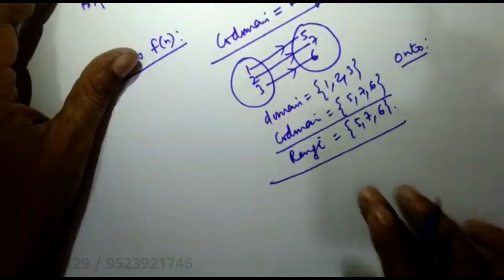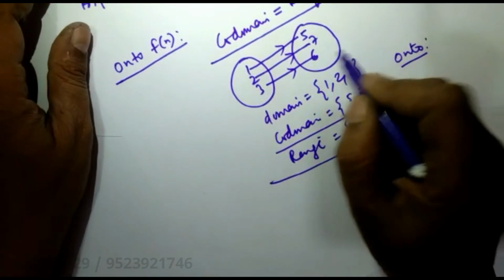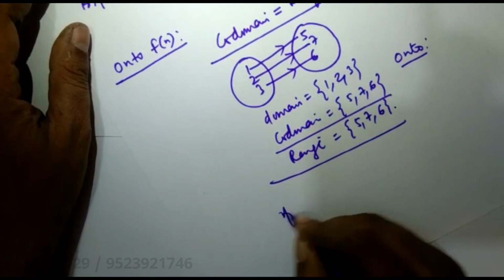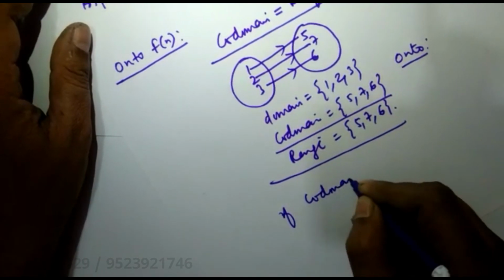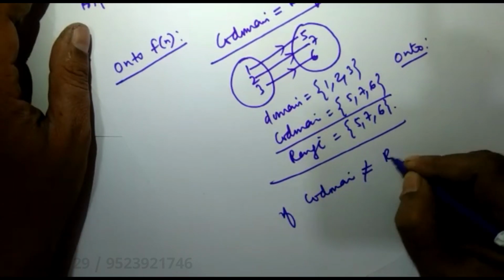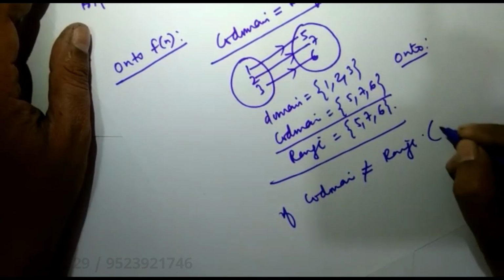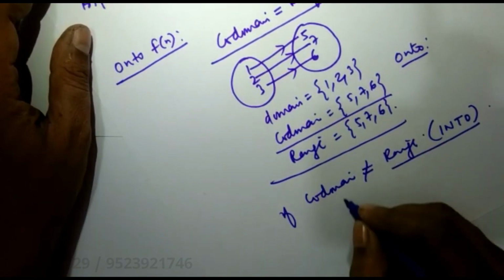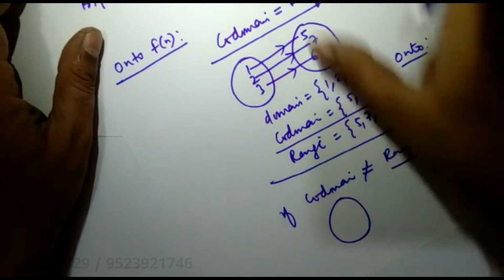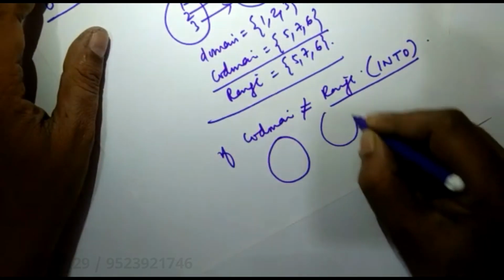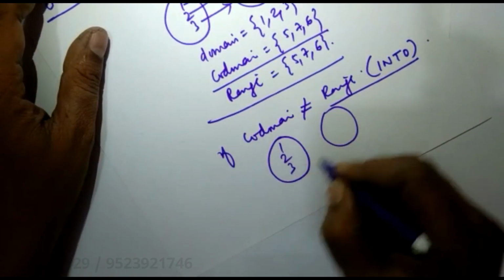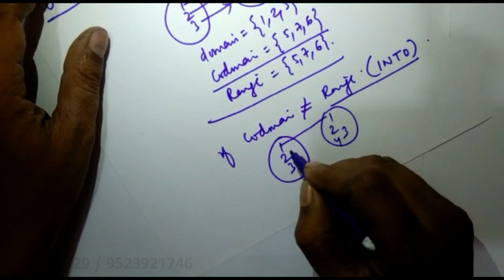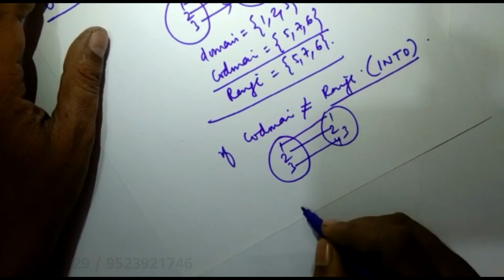But if codomain and range vary, that means codomain is not equal to range, that means function is into. For example, like this one. This is set 1, this is set 2, 1 2 3, this is 1 2 3 4. For example, 1 goes to 1, 2 goes to 2, 3 goes to 4.